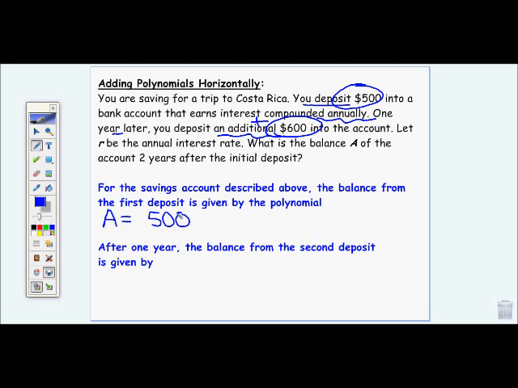I guess this page doesn't show all of the information from the first page. So we're going to use the rate here, and we're going to also add 500 with that rate squared. And this is example 2 in your book.